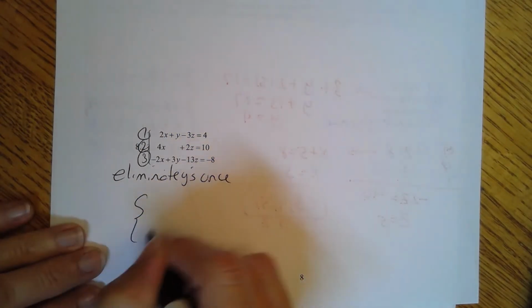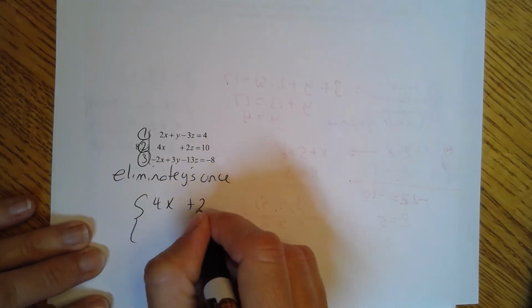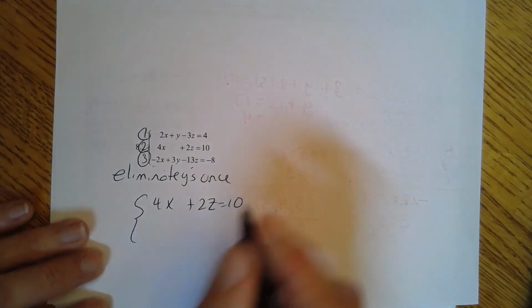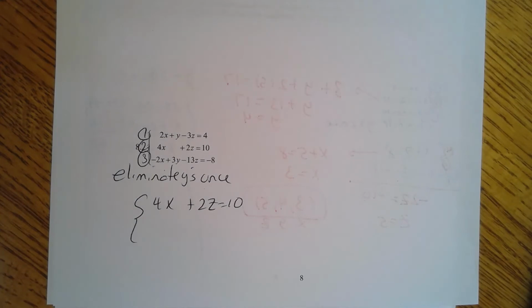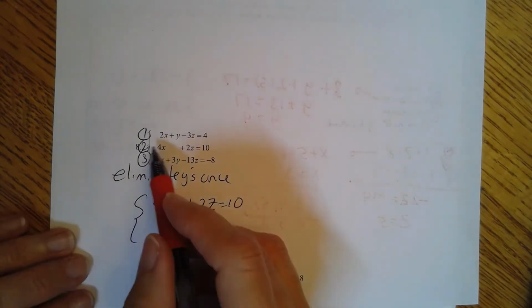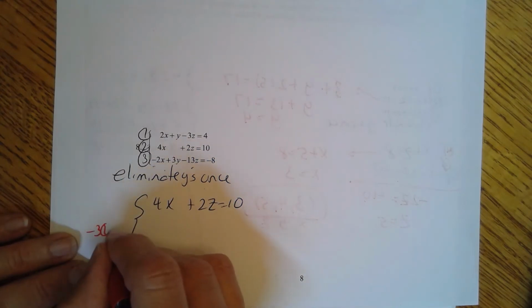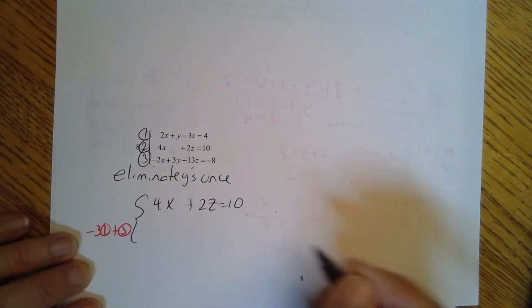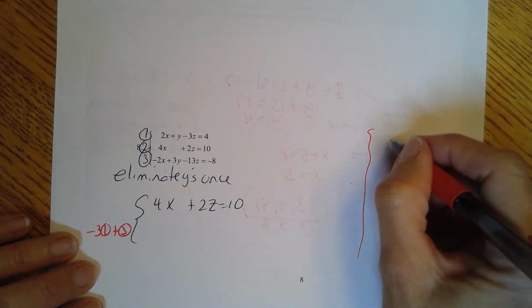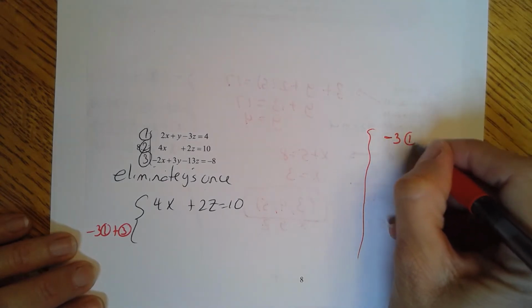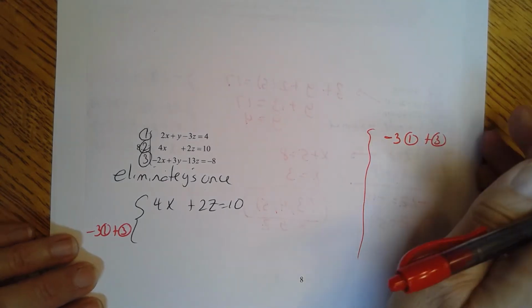So we would take the second equation as my fourth equation, and I would go ahead and eliminate the y's once by using equation 1 and 3. So we would have to multiply the first equation by -3 and add it to the third equation. So again, some scratch paper, -3 times the first and add it to the third.